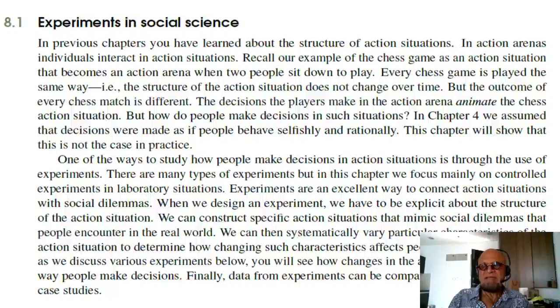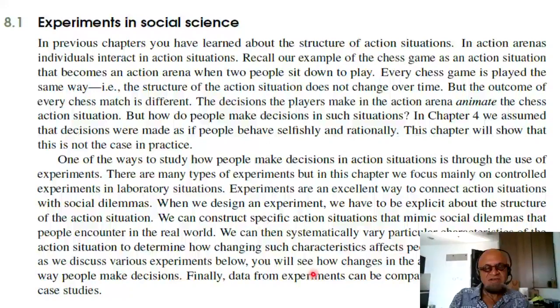We can then systematically vary particular characteristics of the action situation to determine how changing such characteristics affects people's decisions. These are typically called sensitivity experiments, so that if you change things, how do people change their behavior, because that determines how the sustaining of the commons goes forward.